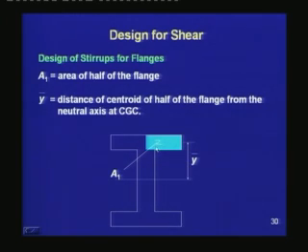Once we calculate these quantities, we can calculate tau f max from Vu, and from tau f max we can calculate Vf, and we can design the stirrups in the flange for Vf.